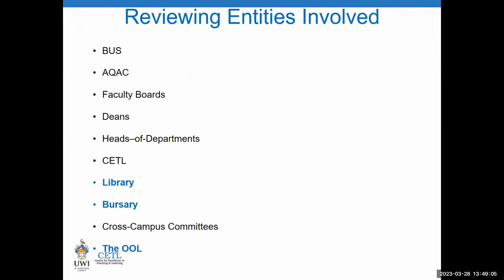So we're going to start where we ended last week with learning outcomes, then go into assessments, and then, of course, we hand over to representatives from the library, the Office of Online Learning, and the Bursary. We're happy that you've joined us to continue this series, and we're going to have a good time.